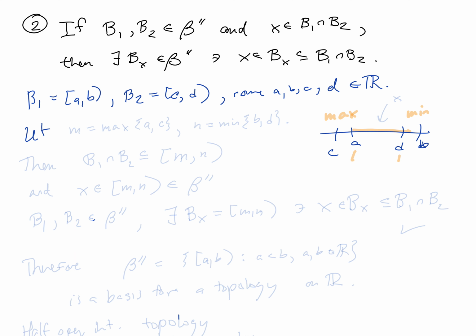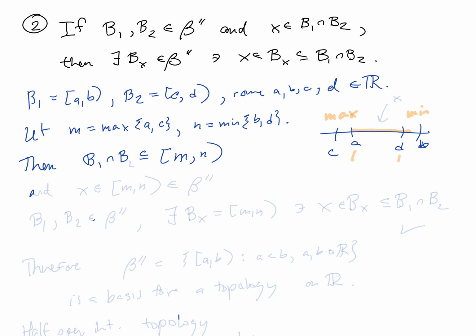So let M be the maximum of the two lower limits, A and C, and N be the minimum of the two upper limits, B and D. Then B1 and B2 are both supersets of this new half open interval from M to N.